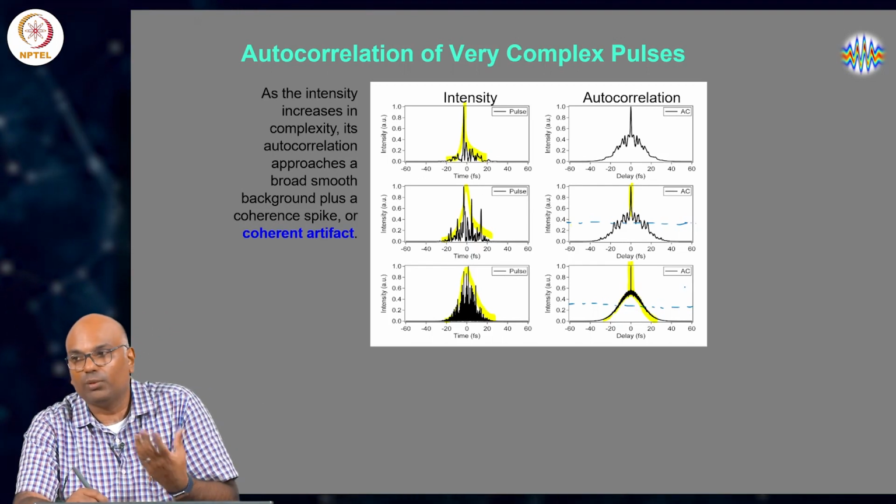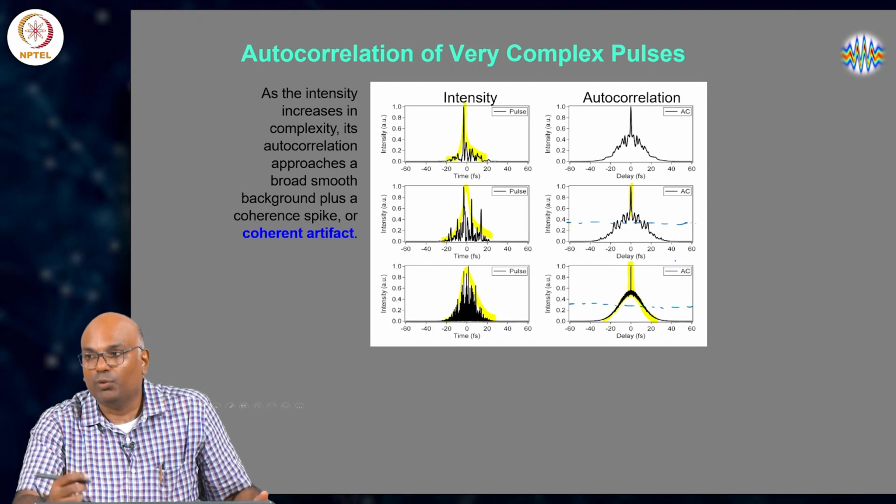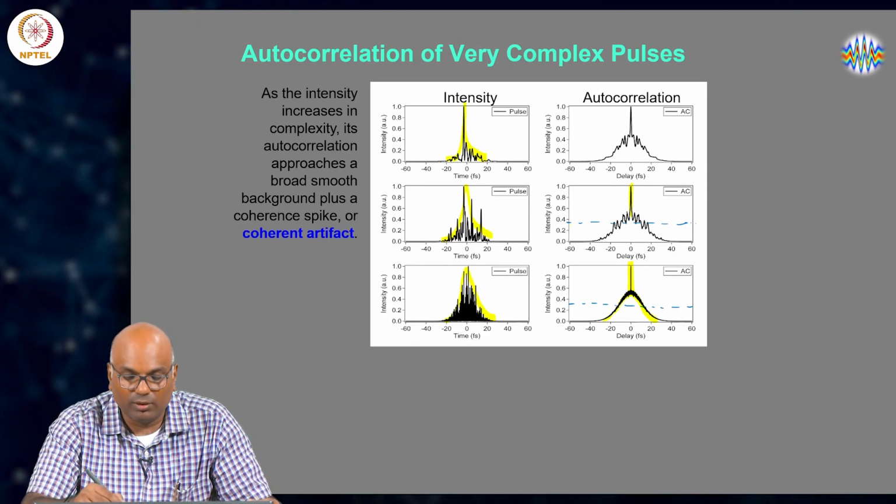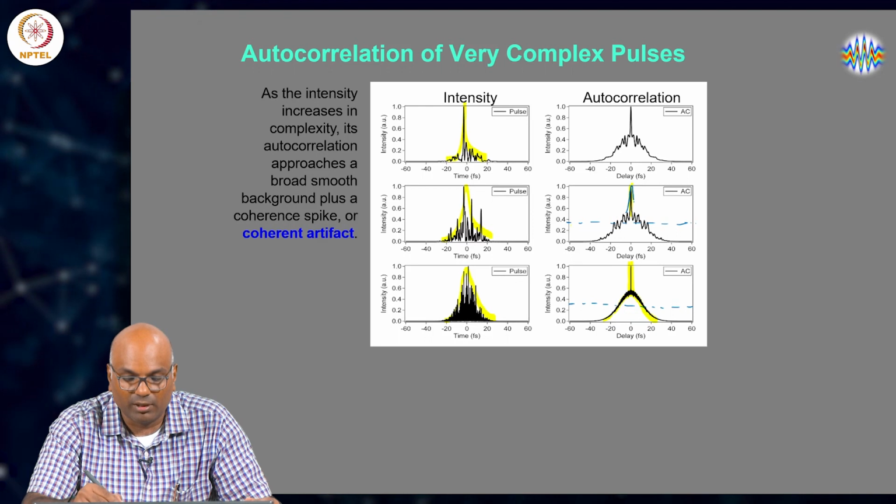You typically tend to then say, okay, this is a baseline which I do not know what to attribute to, and that the true measure of what I am trying to measure here is in the spike.